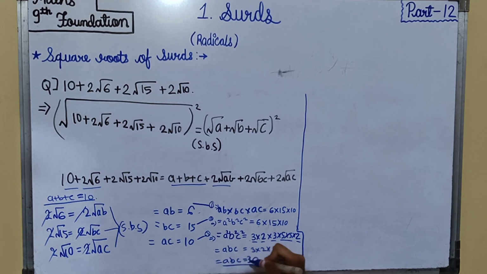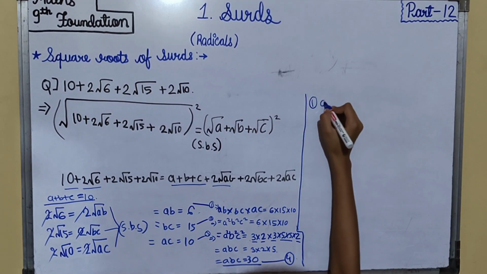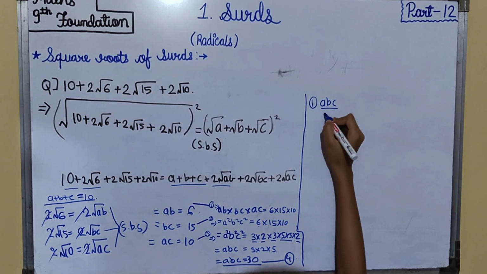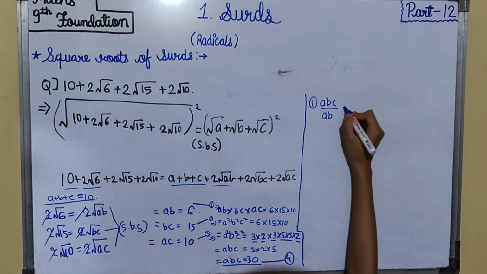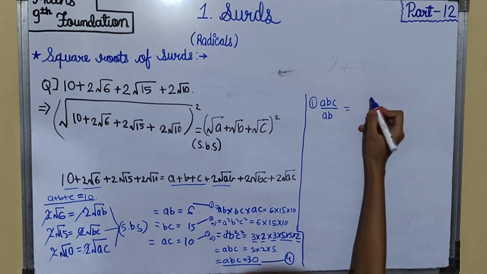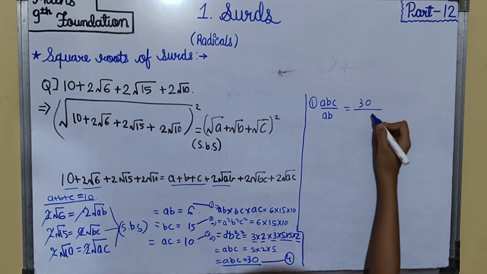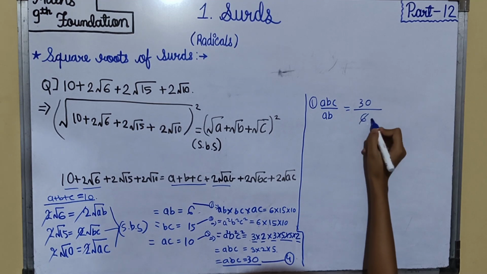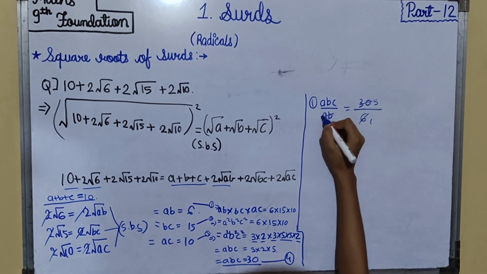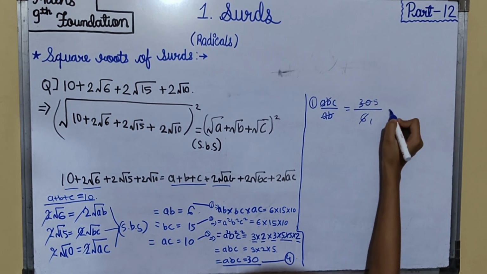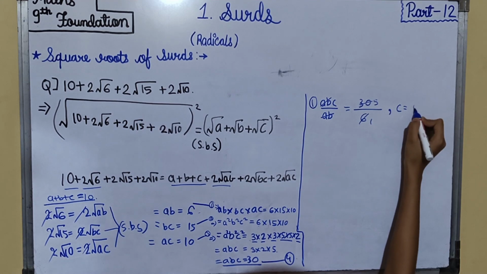So we have to divide the fourth equation by each equation one by one. First, abc upon ab equals 30 upon 6. ab cancels, therefore c will be equal to 5.